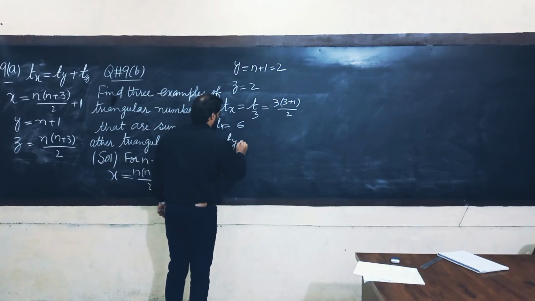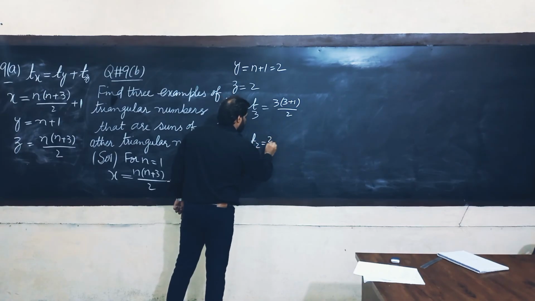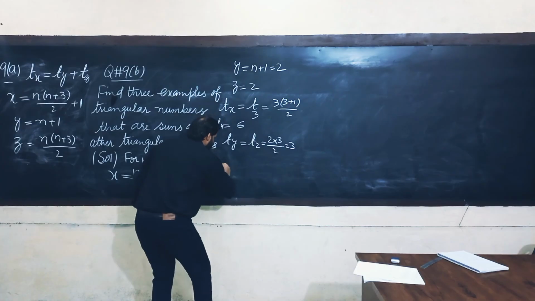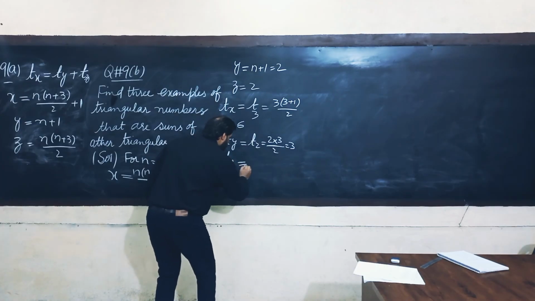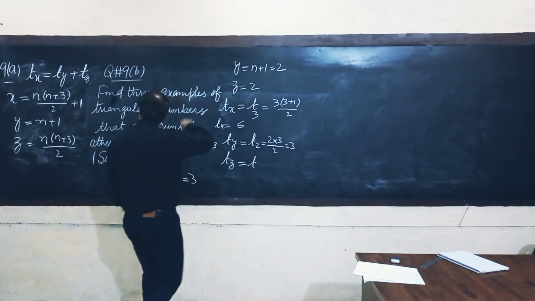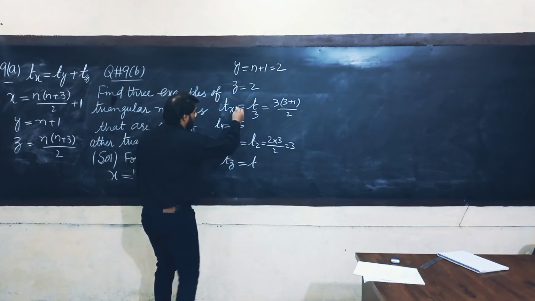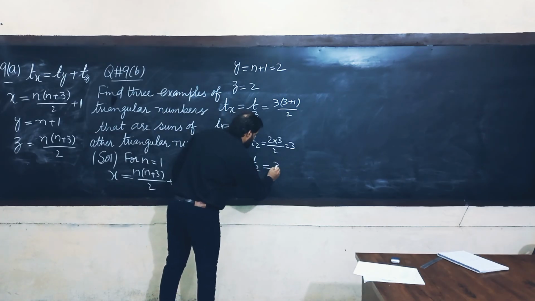Ty is T2. T2 means 2 into 3 over 2, this is equal to 3. Tz: your z is also 2, which is equal to 3.